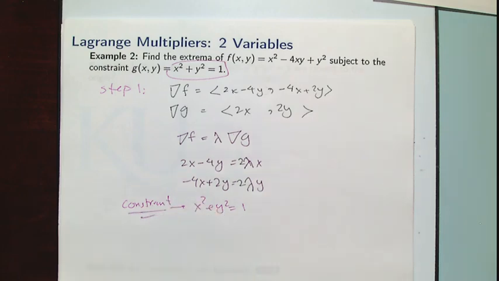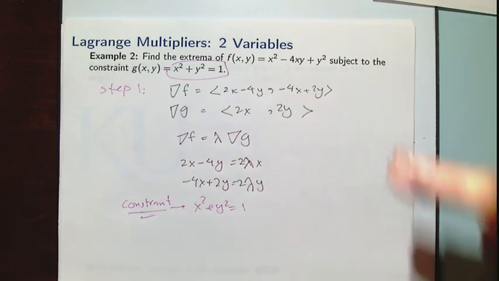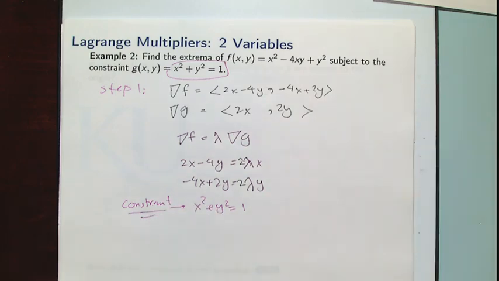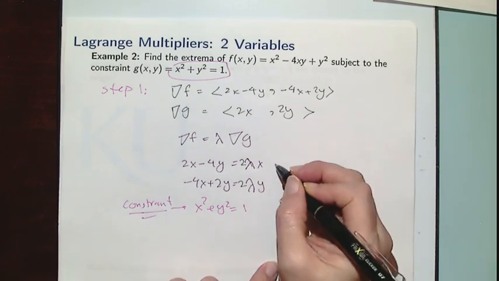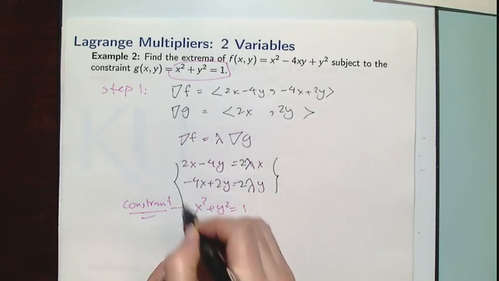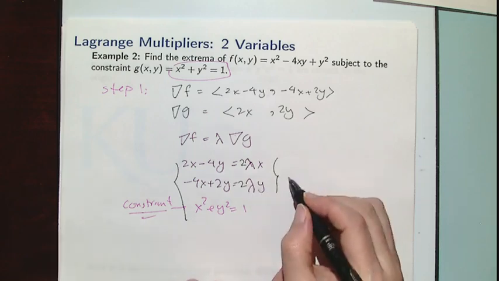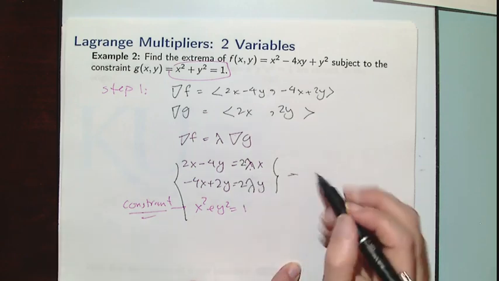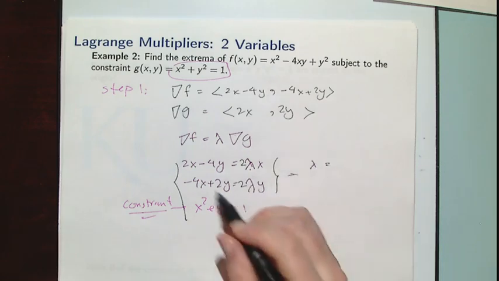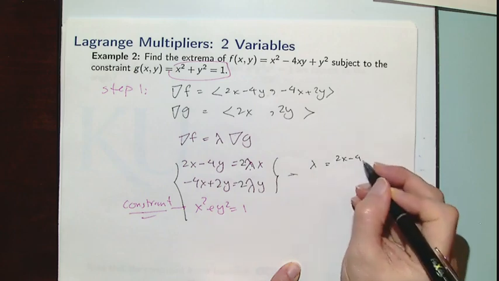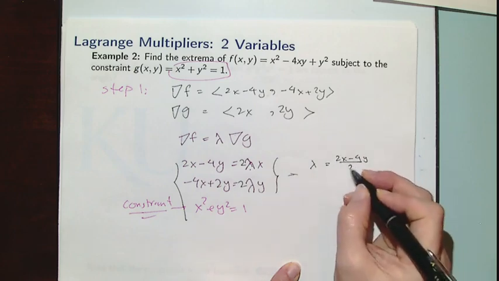So my general idea is to solve for lambda and try to eliminate it. Sometimes it works, sometimes it doesn't. That's why I said you may have to solve. But if you can, then skip. So how do I solve for lambda? So these are the 3 equations. How do I solve for lambda here? 2x minus 4y over 2x.